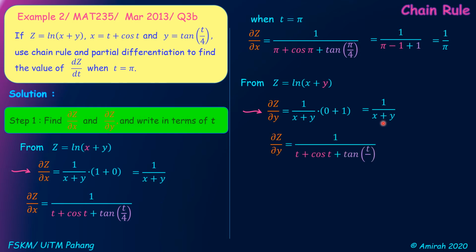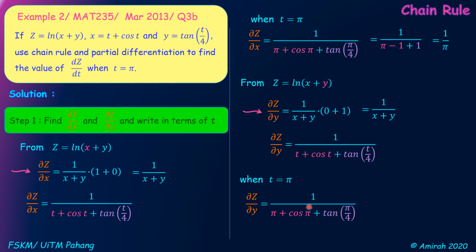Then we can write ∂z/∂y in terms of t. So we replace x equals t + cos t and we replace y equals tan(t/4). Then we can find ∂z/∂y when t equals pi. So we just replace t equals pi.